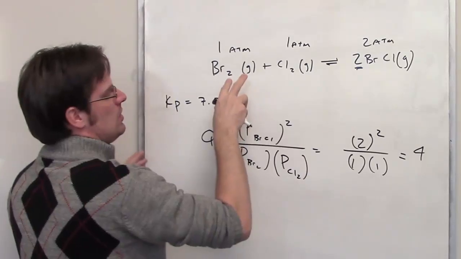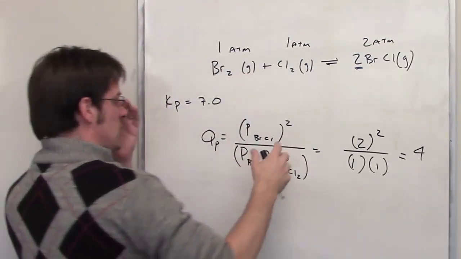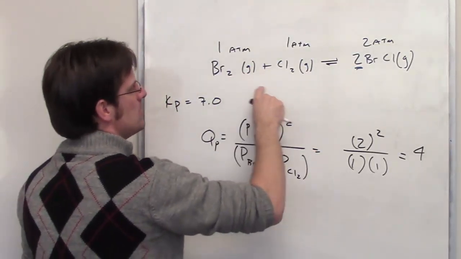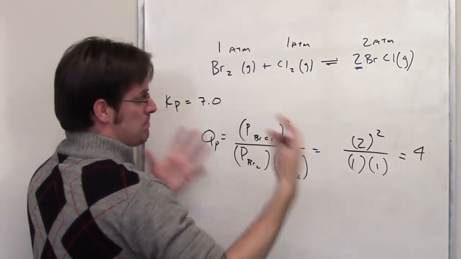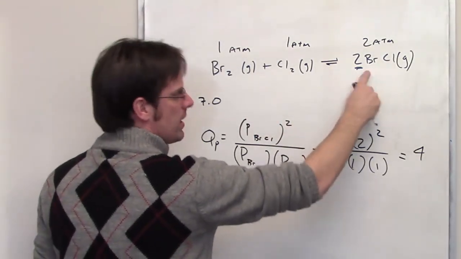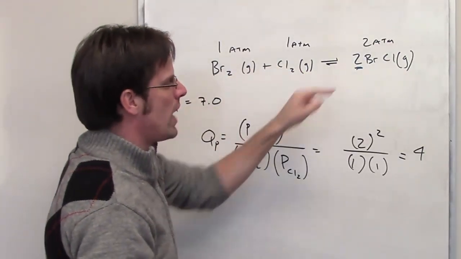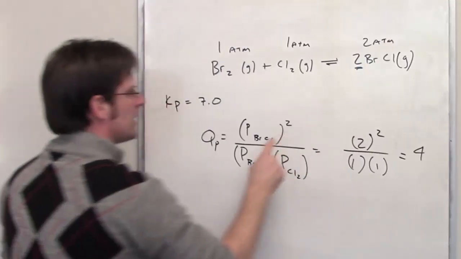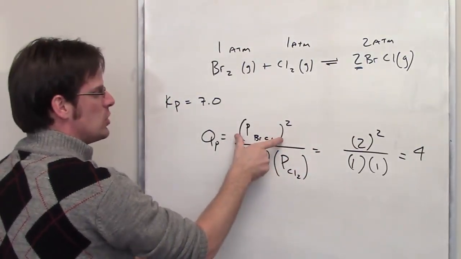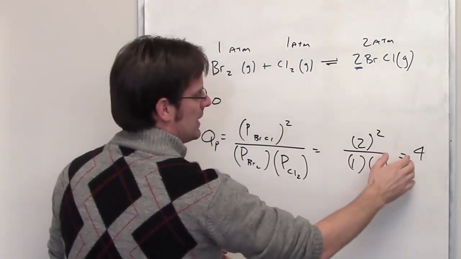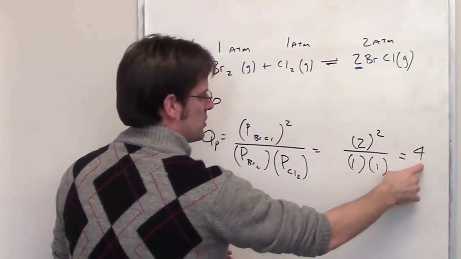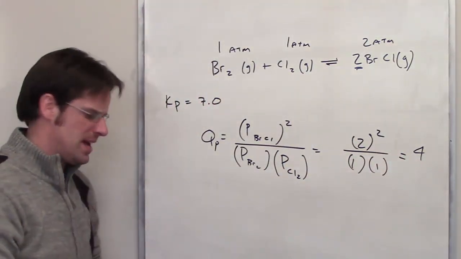That means that right now, at initiation, this reaction is imbalanced because there's not enough product. So this reaction is going to have to drift to the right to create more product, increasing the pressure of this, increasing the numerator, and eventually getting the final mathematical calculation to come out to be 7. I hope that makes sense.